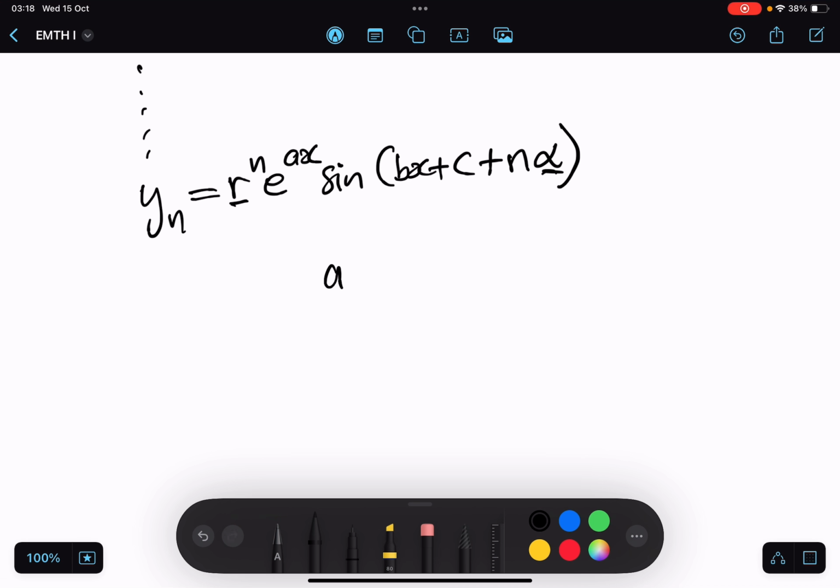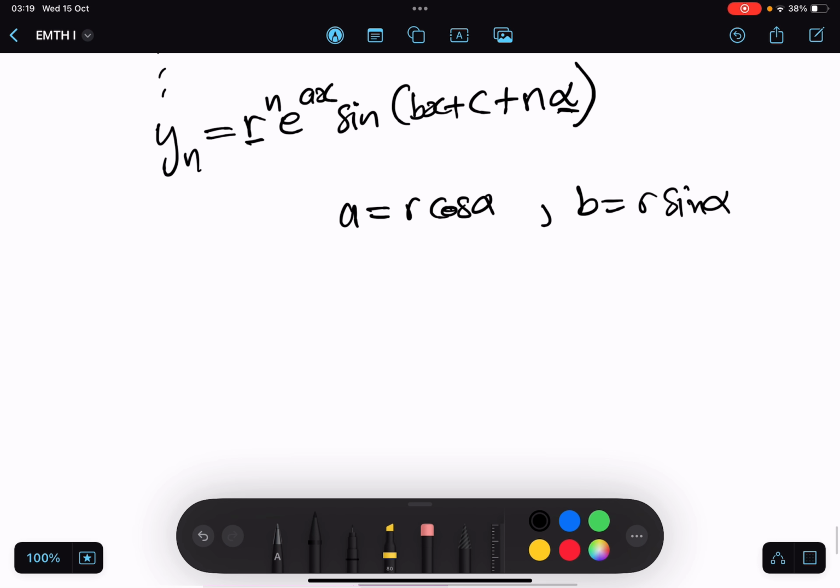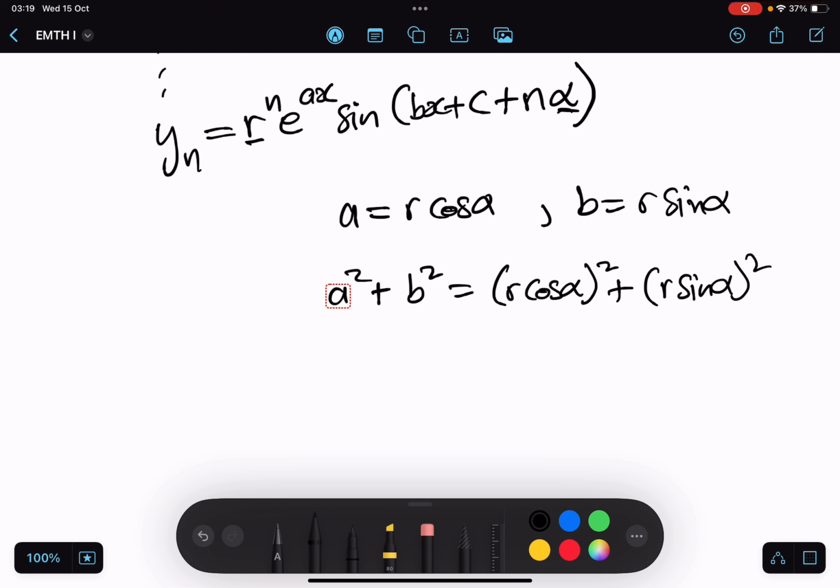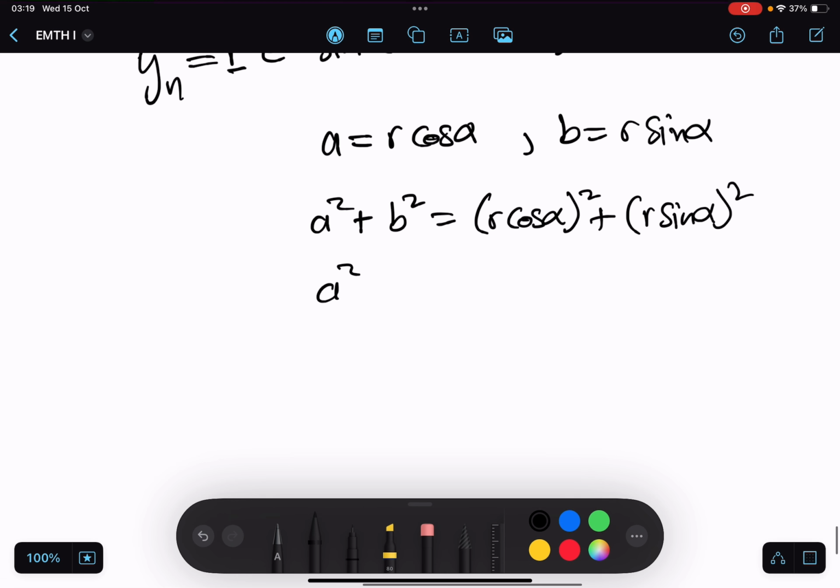So now we know that a is equal to r cos alpha, right? And then b is equal to r sine alpha, right? Which means a squared plus b squared is going to be equal to (r cos alpha) squared plus (r sine alpha) squared, which is r squared cos squared alpha plus r squared sine squared alpha, right?